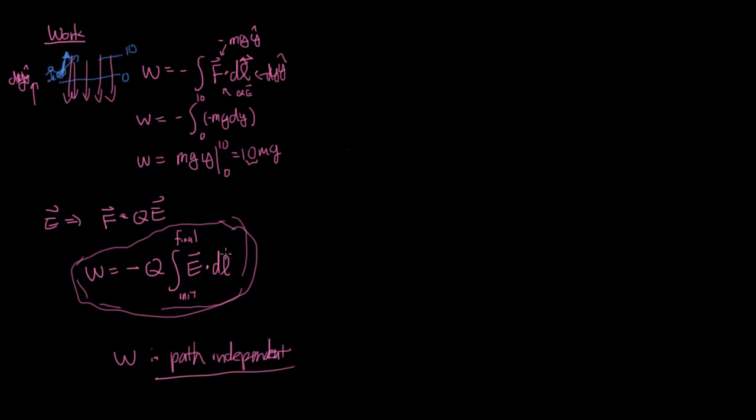So fortunately in this case, the earlier discussion about needing to follow a certain path doesn't apply for the purposes of calculating the work done or the potential energy stored. And one way to say that is that the field in this static case is conservative.